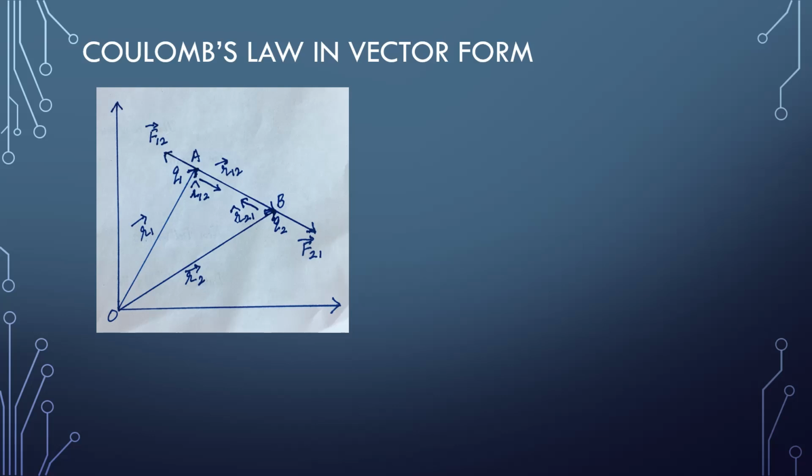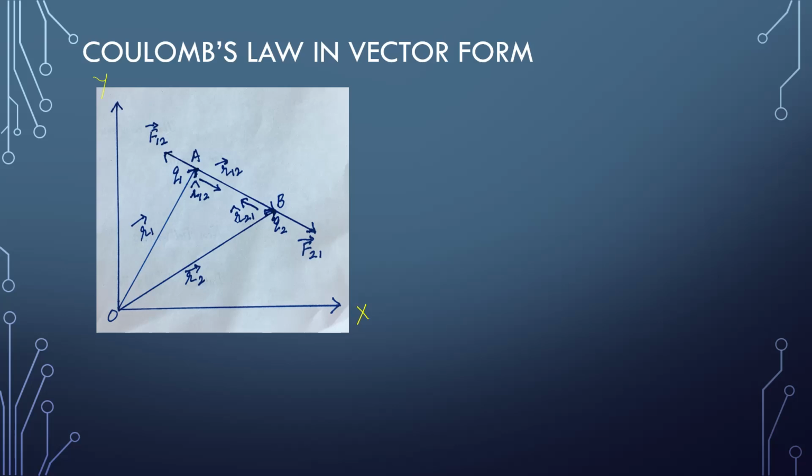Now for Coulomb's law in vector form, as you can see over here, we have taken a coordinate axis. O is the origin, and we have the two coordinates, one is OX and the other is OY.